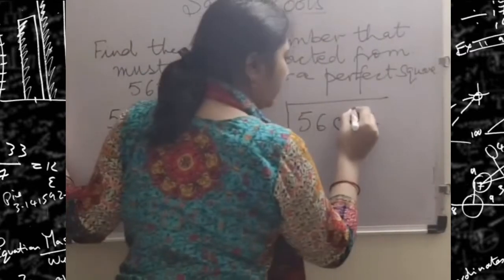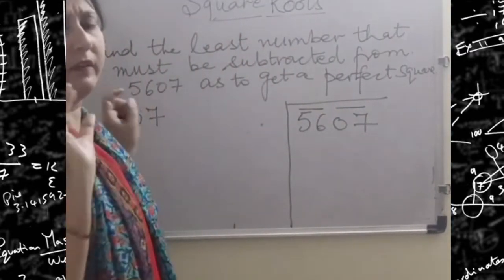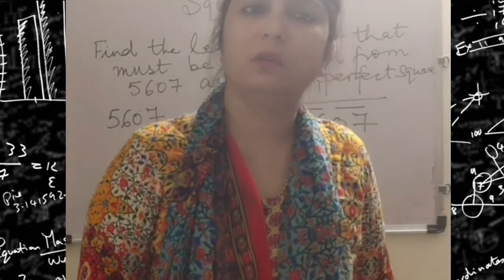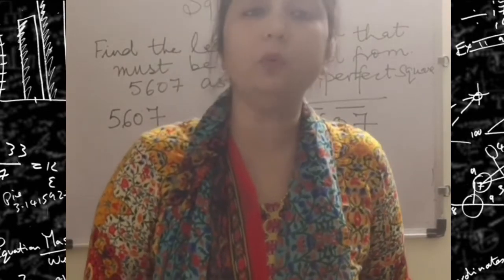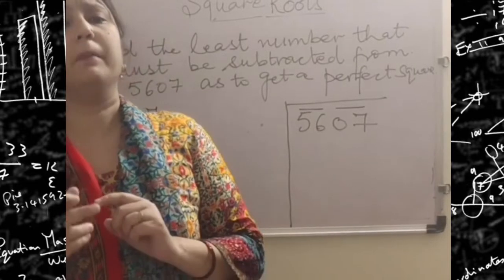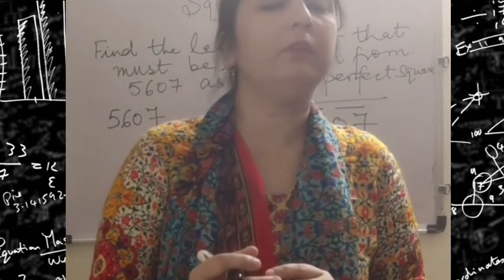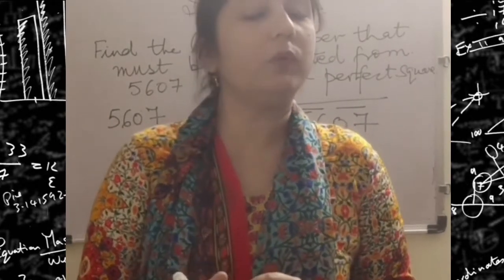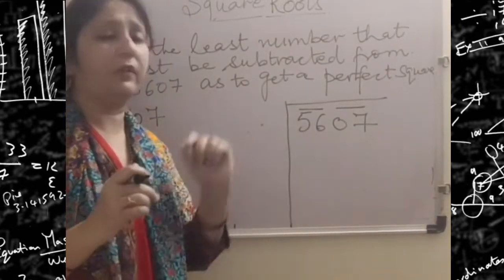We make pairs moving from right to left. You have 56 as your first pair. Which table you are going to use? 7 eights are 56? No, not at all. You cannot use. You have to use where you have multiplied a number by itself. So either we have 7 sevens are 49 or 8 eights are 64. 8 eights are 64 if you use, that will exceed 56.